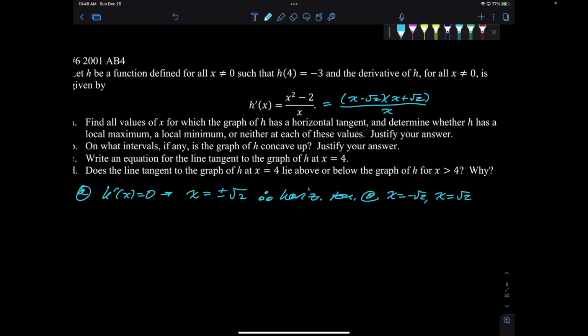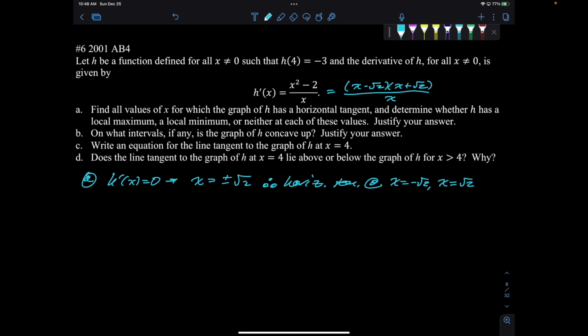All right, when you make your sign chart, it's all the zeros and discontinuities of the first derivative, as well as any discontinuities of the function, because weird stuff can happen there. So we need to put plus and minus root 2 and 0 on this. So h prime, we got negative root 2, we got 0, we got root 2.